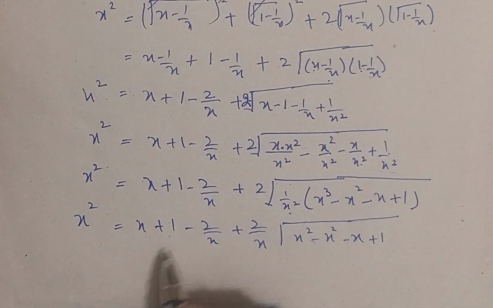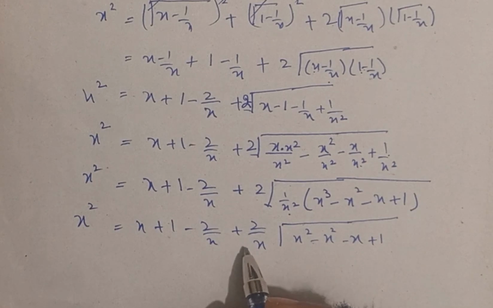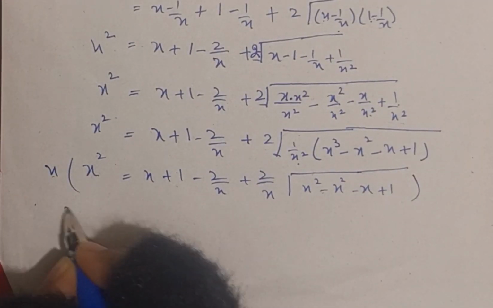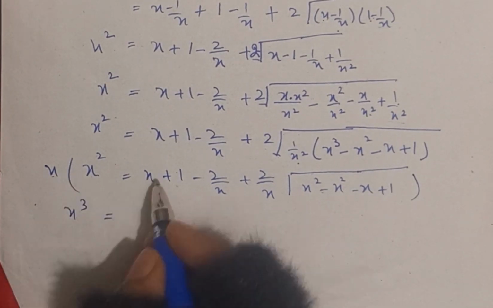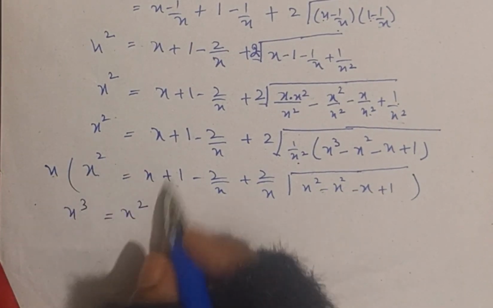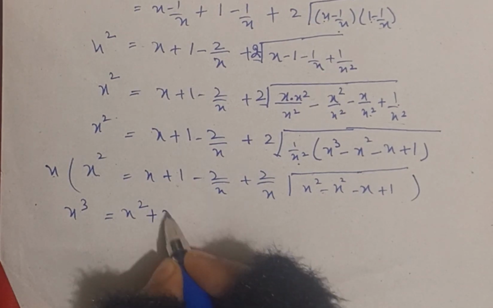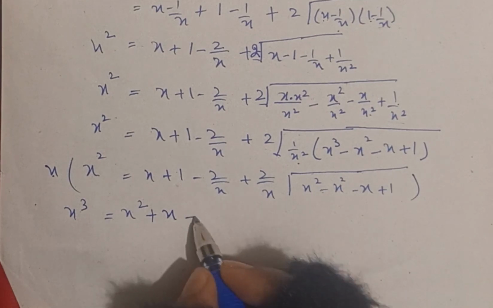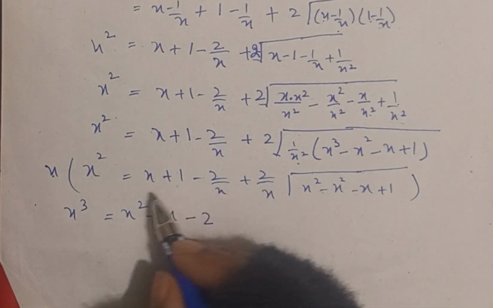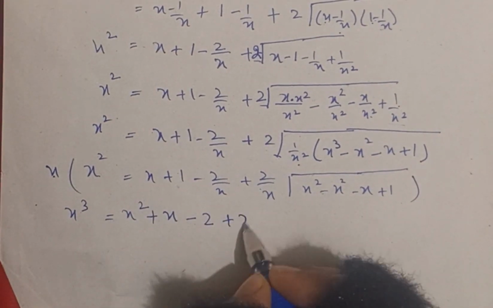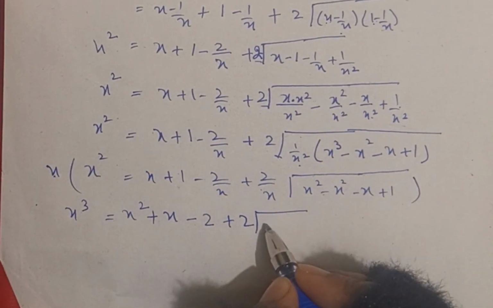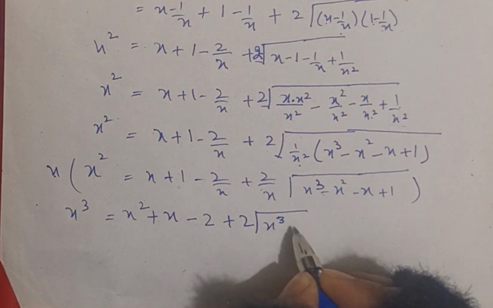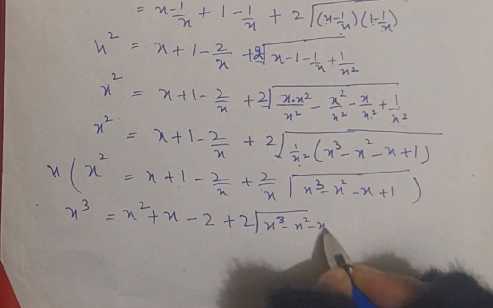Now in the next step we multiply all terms by x, so this will become x cubed; multiply x by x, we get x squared; multiply x by 1, we get x; and multiply x by minus 2 over x, then we get minus 2, and then this will become plus 2 times x cubed minus x squared minus x plus 1.